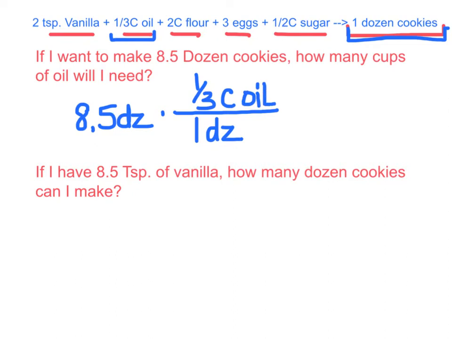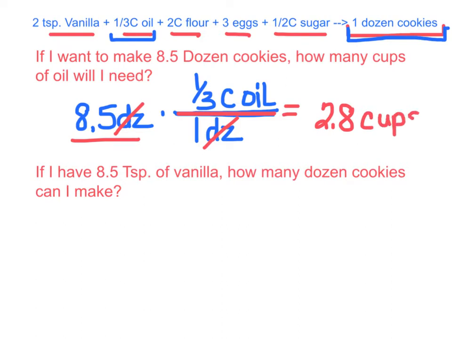So this is my relationship between oil and dozens of cookies. Now, dozens would cancel, and I would do 8.5 times 1/3, and that would give me 2.8. So I would need 2.8 cups of oil to make my cookies.